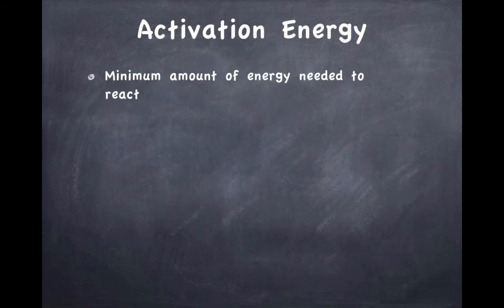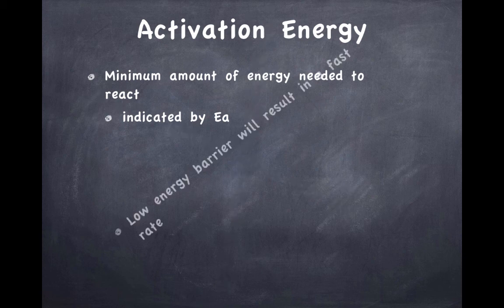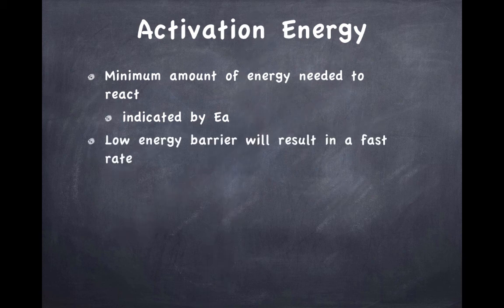So let's talk about activation energy in a little bit more detail here. As I mentioned, activation energy is this minimum amount of energy needed in a collision in order for molecules to react, and we indicate that by an E for energy and a little A for activation. Different types of reactions have different energy barriers, different activation energies.